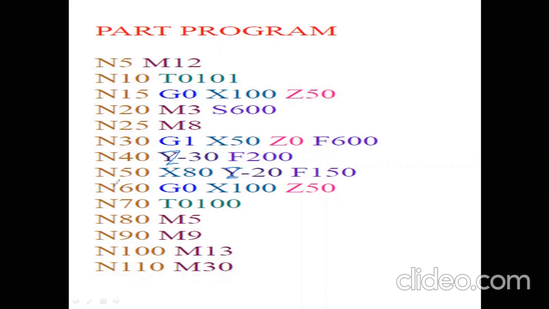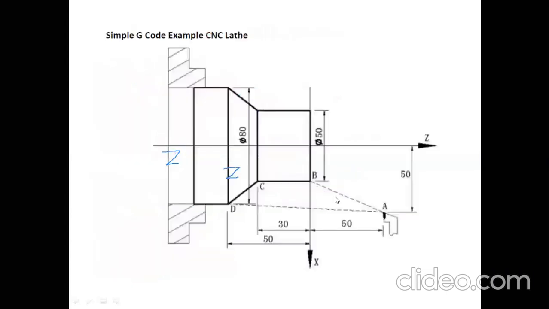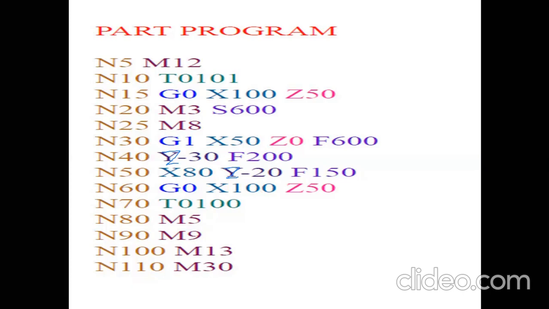Now the next line, N60: G0 X100 and Z50. Your path is completed here. From point A to B the turning operation is covered, B to C, and the taper turning is also covered. So we have to move the tool from point D to point A, which is represented by the next line, G0 X100 and Z50.